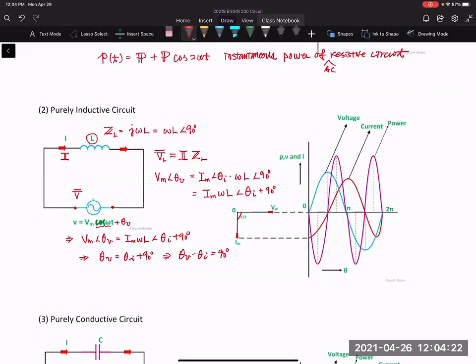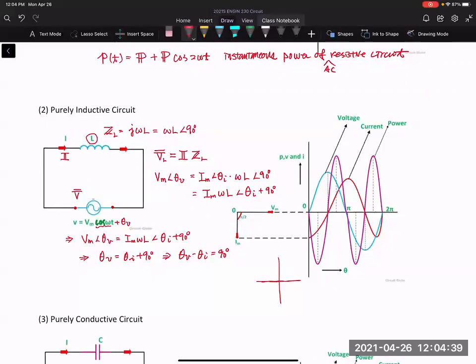And that means there's a phase difference of 90 degrees. And which one leads and which one lags? How do you determine which one leads, which one lags? You look at the complex plane that we told you before.